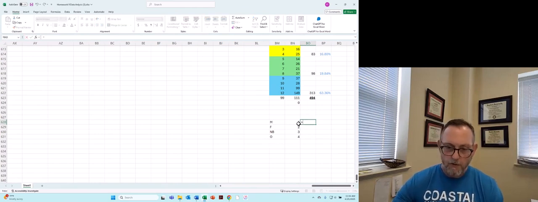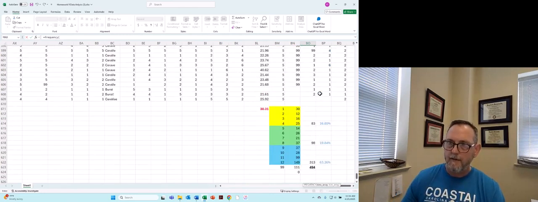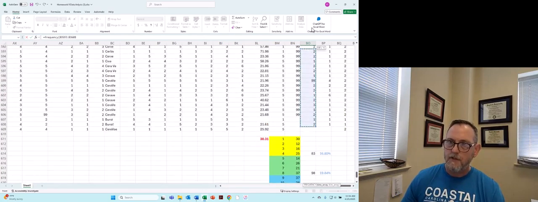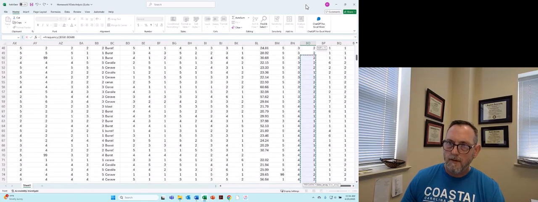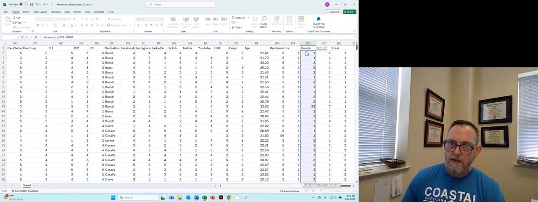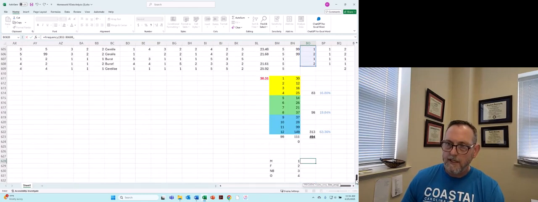Then we're going to do equal frequency. We're going to capture this array. This is our data array for that one, what we want to analyze.